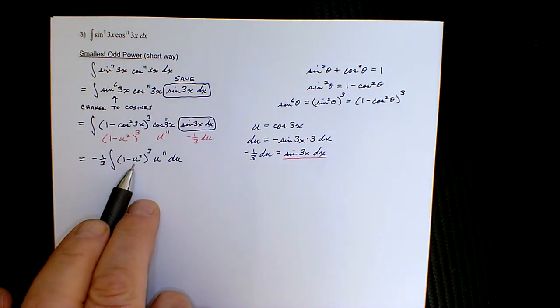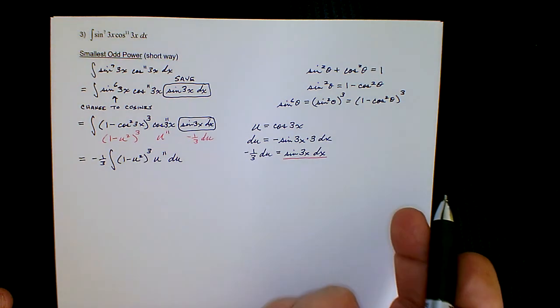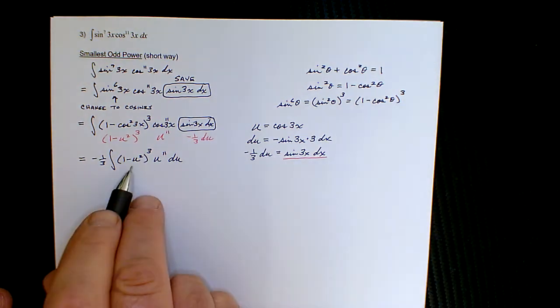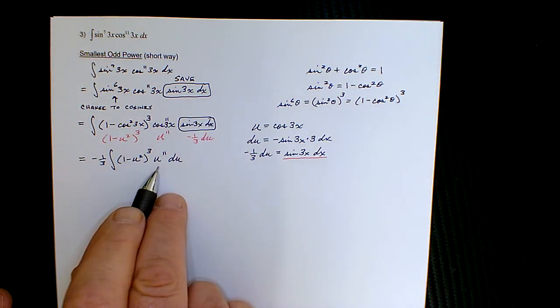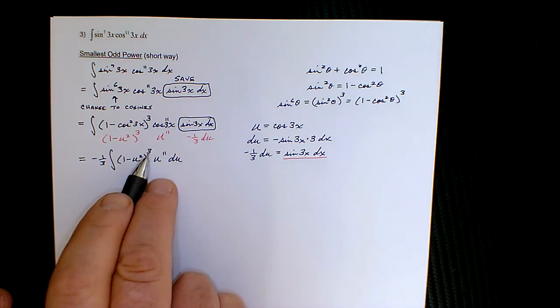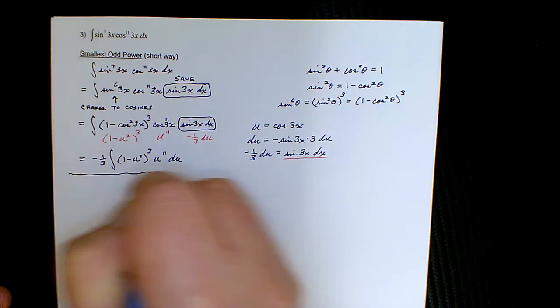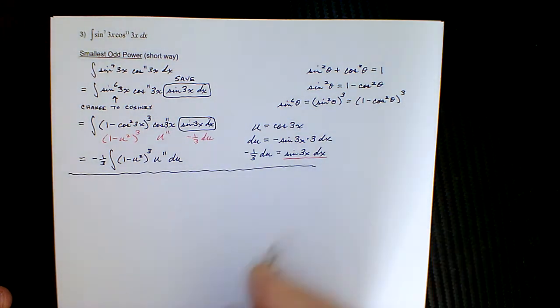Now in the last example, we had a binomial that was squared, and we took it off to the side and FOILed it, because once again you can only integrate a sum or difference of terms that are of the form u to the n. So when we have a binomial that's raised to a power of 3 or greater, that's when it's advantageous to use the binomial theorem and Pascal's triangle.